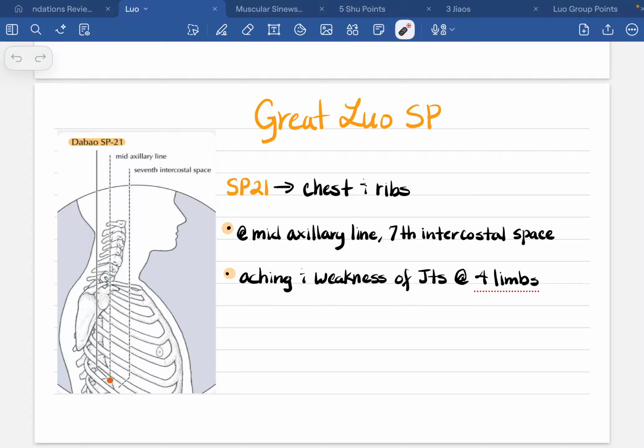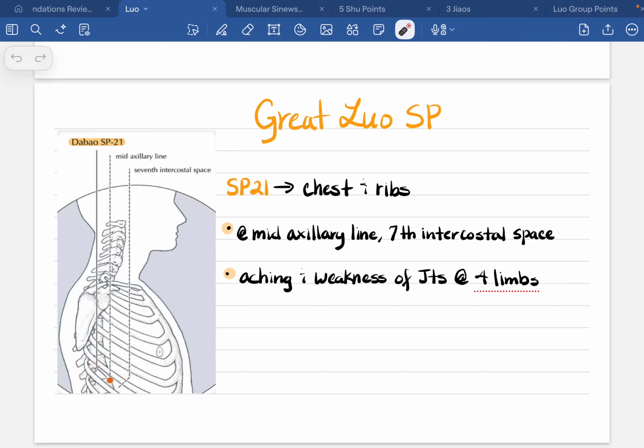And so because of that reason, you can say it goes to the chest and ribs. It's a similar pathway as where the point is in the pathway of the spleen. So we actually say it's at the mid-axillary line, 7th intercostal space, okay? That's where spleen 21 is.